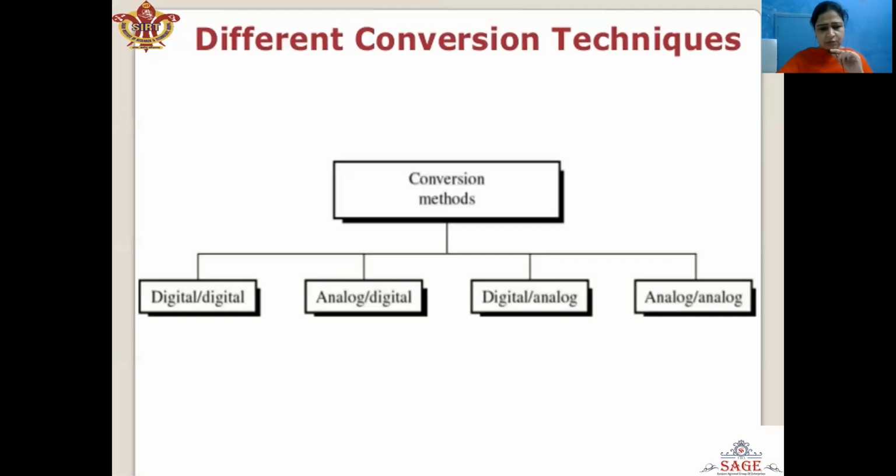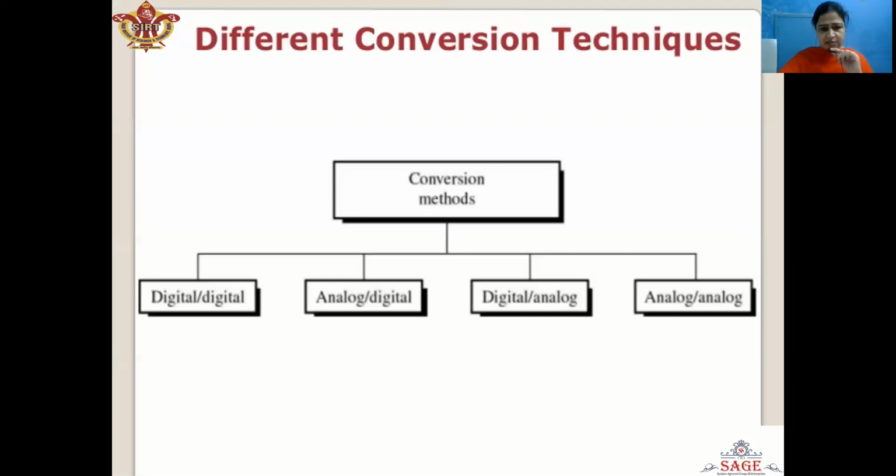Analog to digital encoding method like pulse code modulation, delta modulation, in which analog data is converted into the digital data. Digital to analog conversion method is the digital modulation techniques like BPSK, QPSK, FSK, and so on. And analog to analog conversion method is like analog modulation methods like amplitude modulation, frequency modulation, phase modulation.